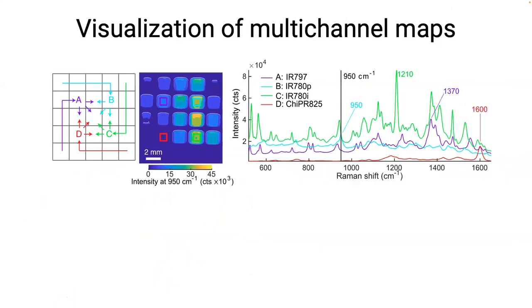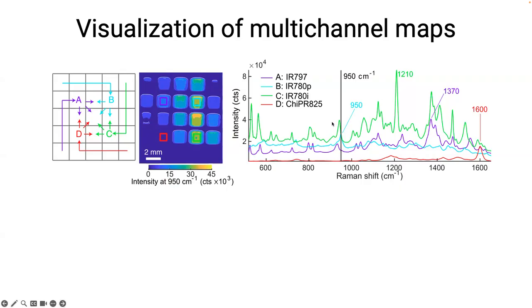So this is what happens when we have here a very simple image with only 4 of these flavors. If we try to image just one frequency, just one wave number, we get this image that doesn't really help us differentiate where everything is, because they all have a peak around this area.